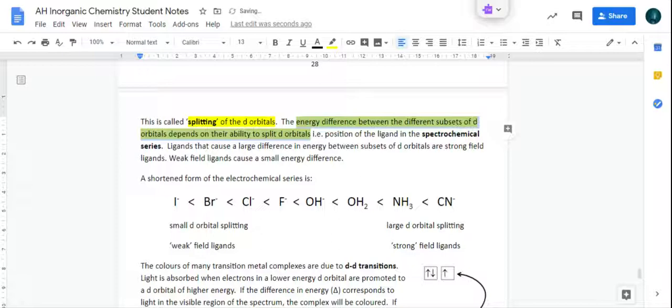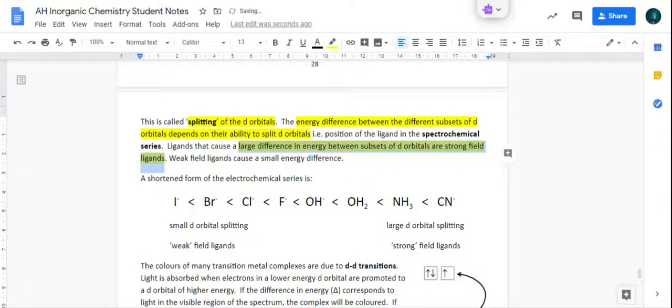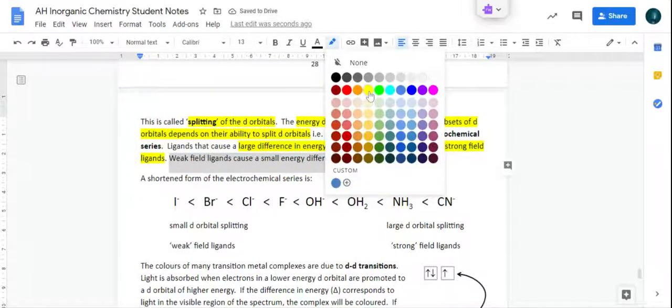In fact, ligands are ranked in something called the spectrochemical series, ranked in order of how well they split the d orbitals. Ligands that cause a large difference in energy between the subsets of the d orbitals are strong field ligands, which give you a large value of delta, and the weak field ligands cause a small energy difference.